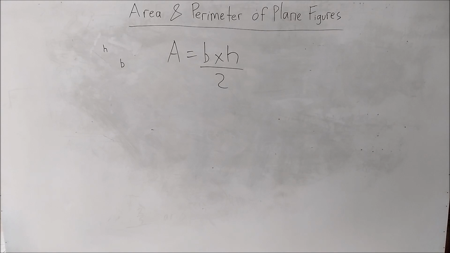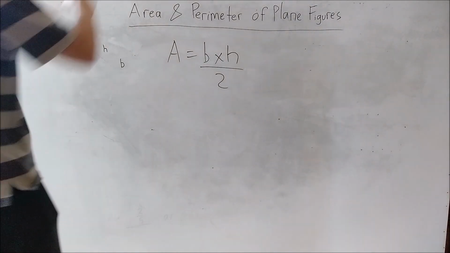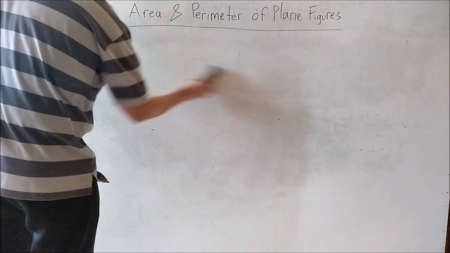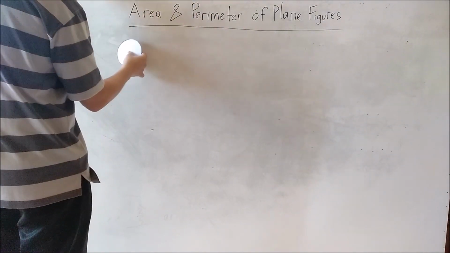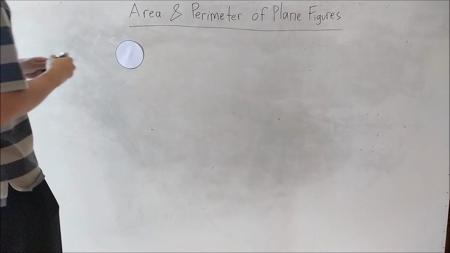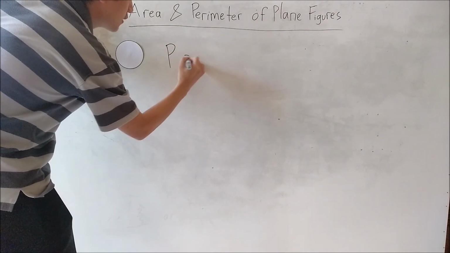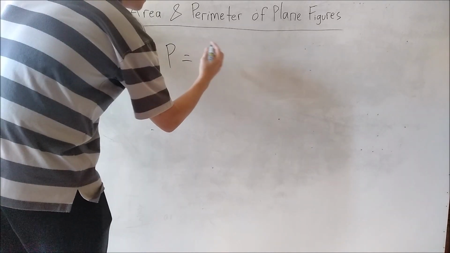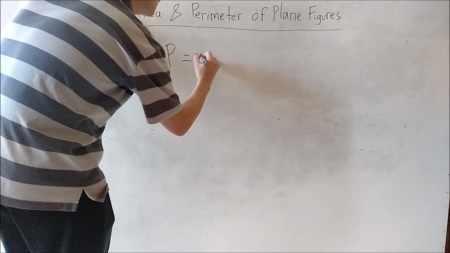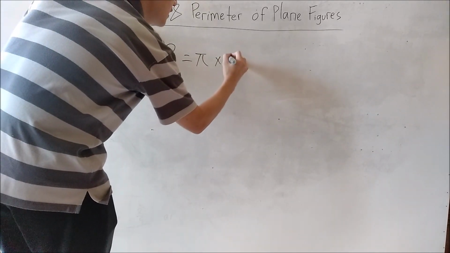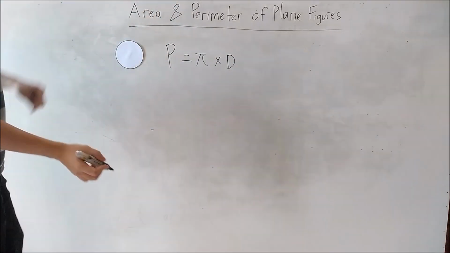Circle is a unique shape, since circle has something that we call pi. The formula of the perimeter of a circle is pi times d, or diameter. What is diameter?